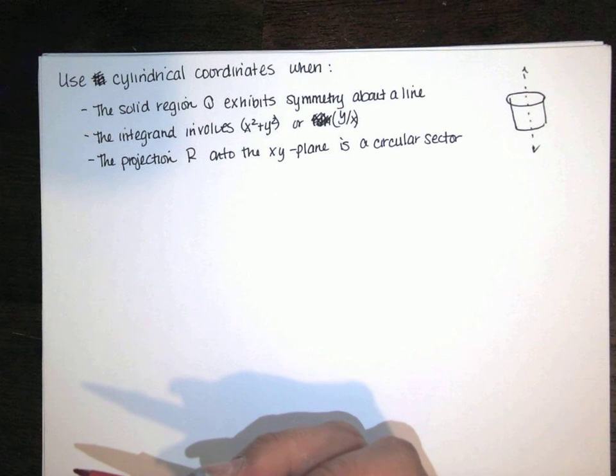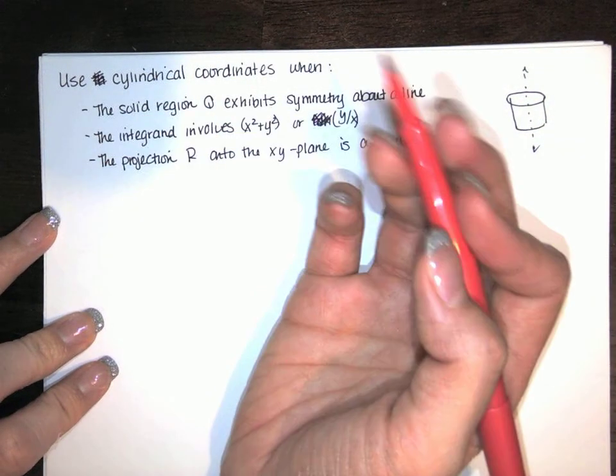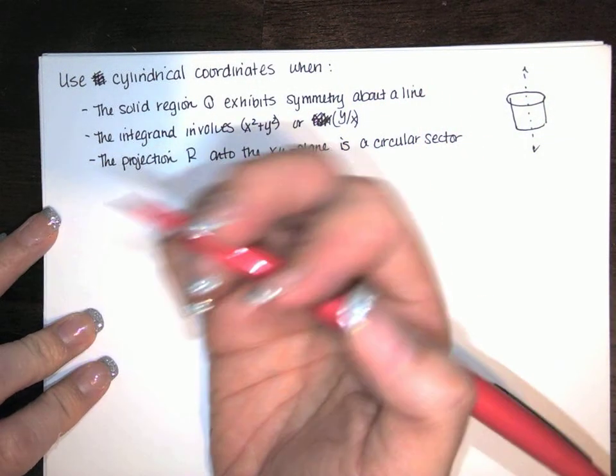But if you're saying to yourself, what's the point? We're changing to cylindrical coordinates when it makes evaluating the integral easier.